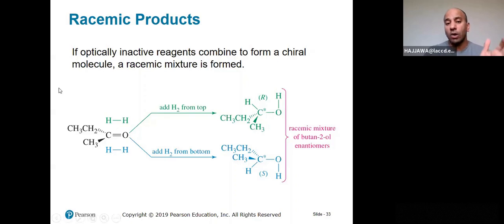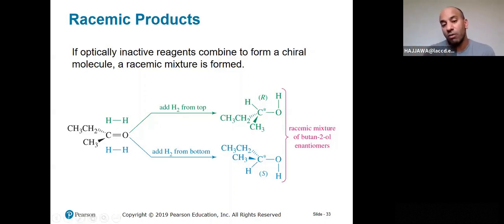But first, let's look at what else we will notice if we deal with a compound that can go through a reaction, like this carbonyl reacting with hydrogen. This hydrogen can be delivered from the top or can be delivered from the bottom. That means I could end up always making a racemic mixture if the reaction allows for such. Because in this reaction, I cannot control the hydrogen to be delivered from the top or from the bottom.